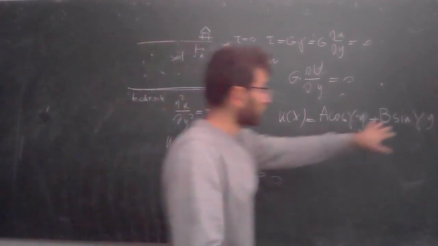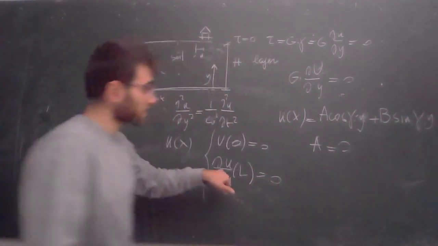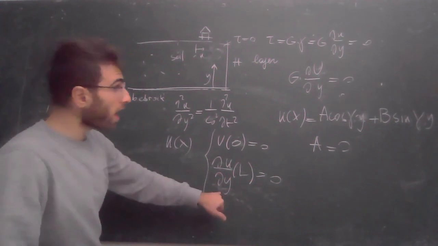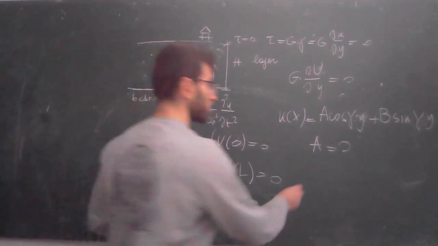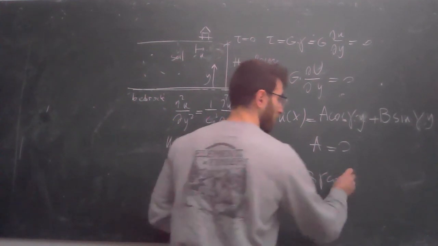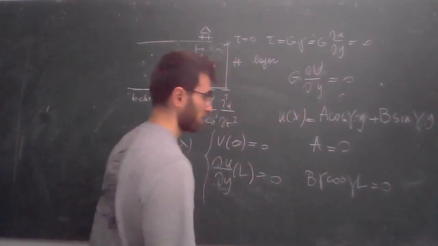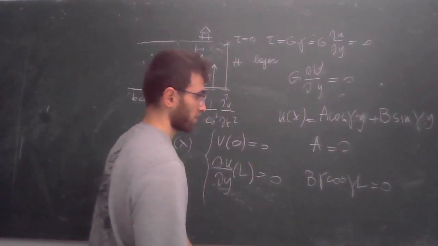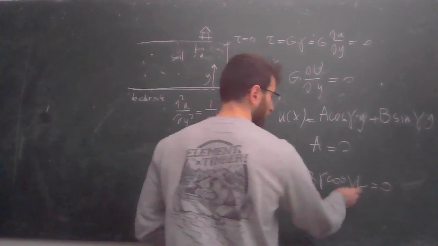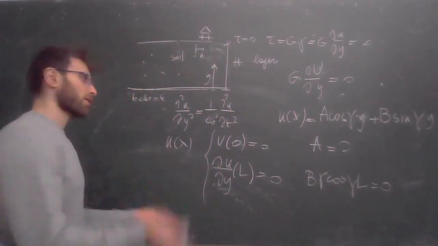Then the sine remains. If we differentiate the sine by y, we have the cosine. So we have b gamma cosine of gamma L equal to 0. So cosine of gamma L is equal to 0. This is the characteristic equation.